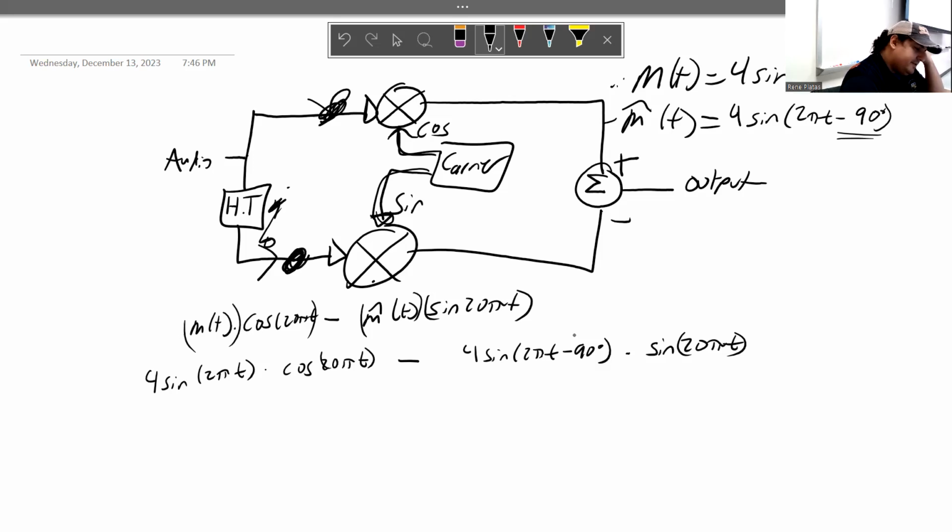How would I solve this? What is this for? 1F, yeah. This will get you the outputs of the modulator. Pretty cool, right?